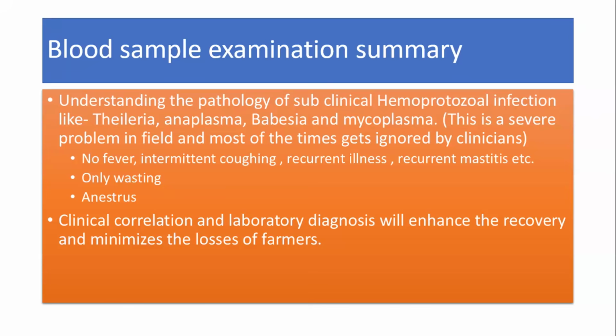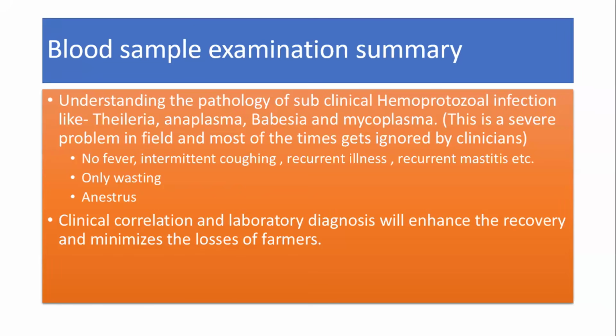So in case of subclinical hemoprotozoal infection like theileria, anaplasma, babesia, and mycoplasma, there is a severe problem in field conditions, and most of the time these types of cases are ignored by our regular clinicians.